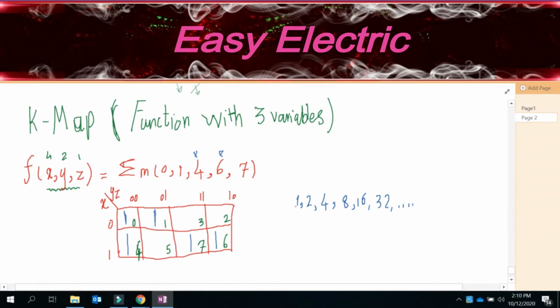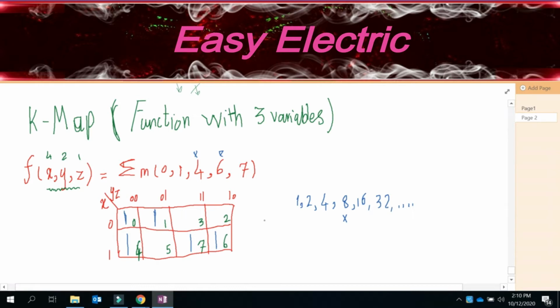So the first thing you need to check is the group with the biggest number of members you could have, which is just 8, right? Because the total number of squares that you have is 8. So you start by checking the group with 8 members, the maximum possible members inside a group. Do we have any groups here with 8 members? Yes or no? Type in the chat box.